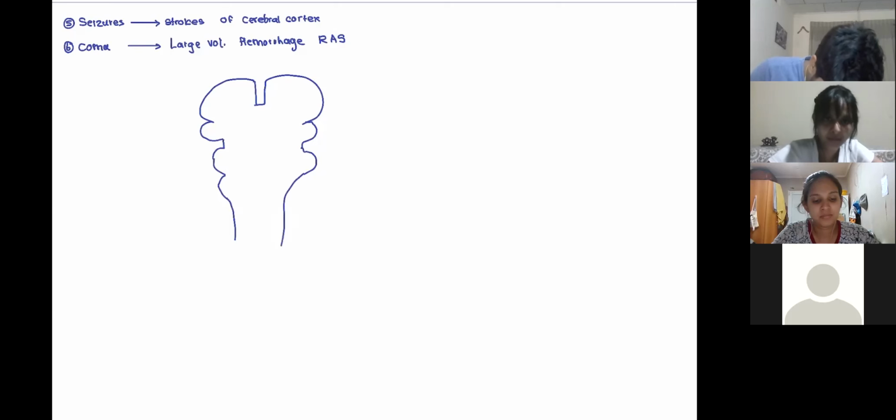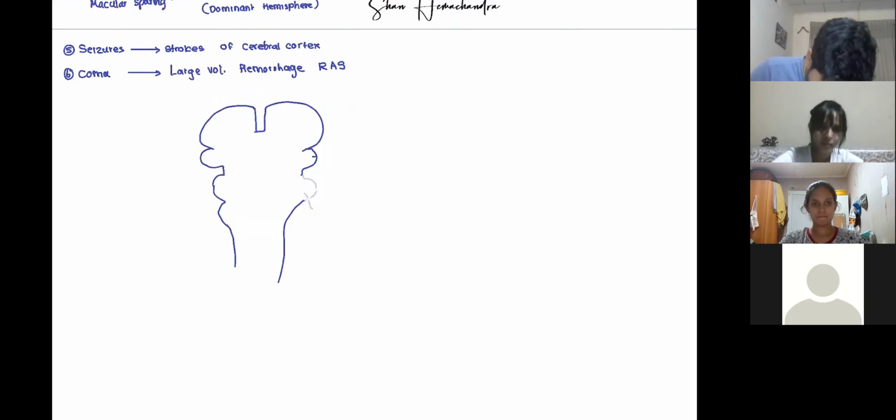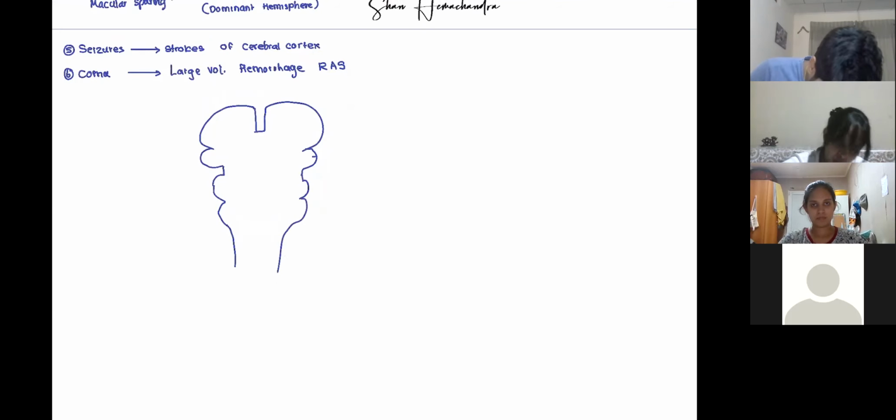Okay, so if you don't know what I just drew, cerebrum, temporal lobe, this area is the midbrain, then the pons, medulla, downwards. Now here is the thalamus. You have the thalami here.